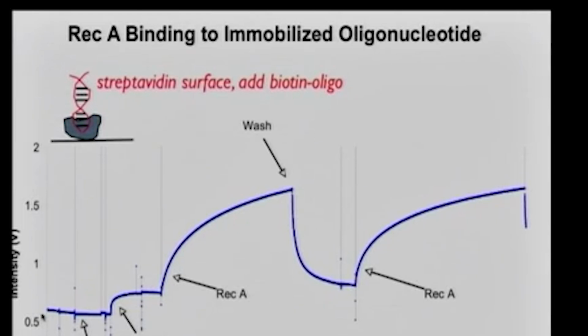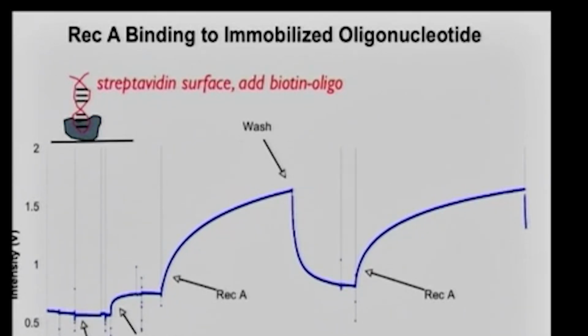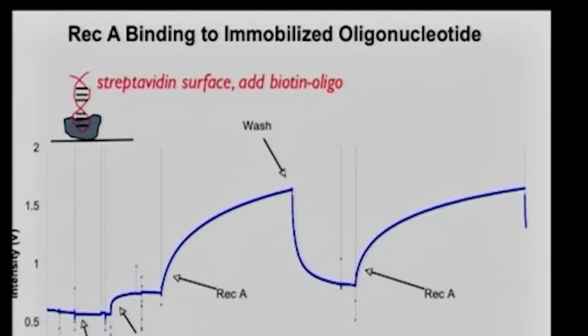So we start with a substrate that has only streptavidin, and when you introduce RecA to that sample cell, nothing happens. RecA doesn't bind. So at this point here, we introduce a biotinylated oligo. And so that binds to the streptavidin, and you get a little blip in signal.